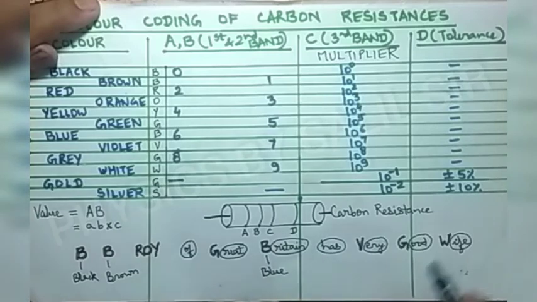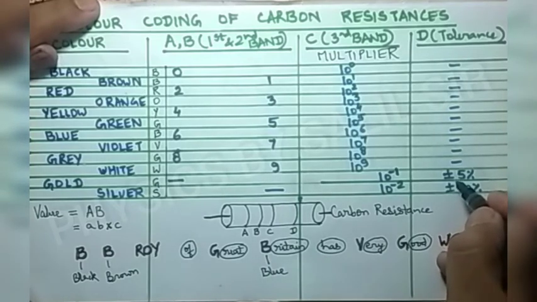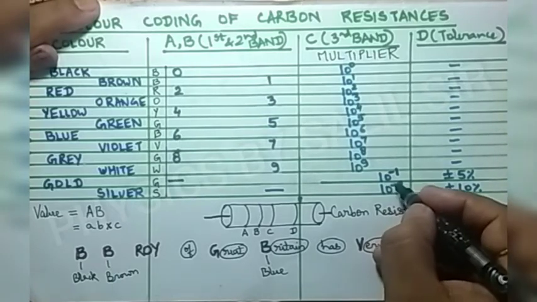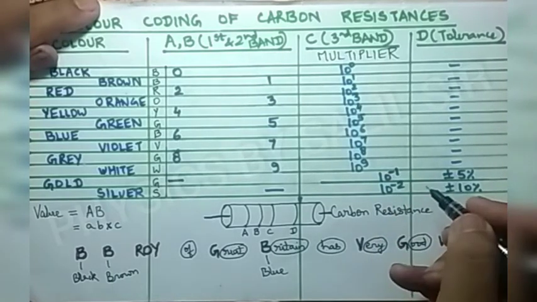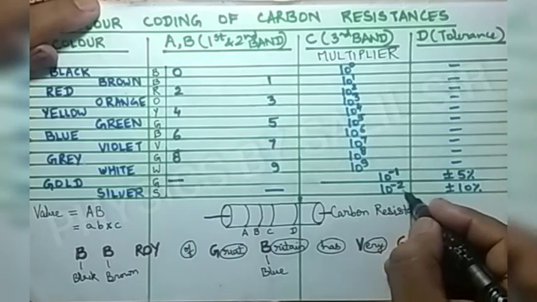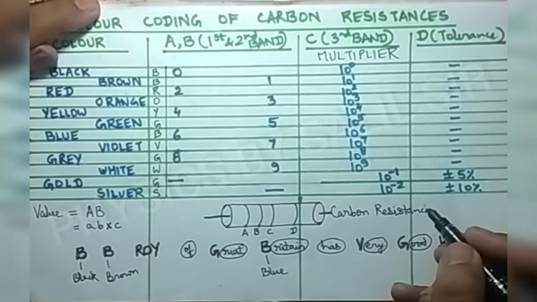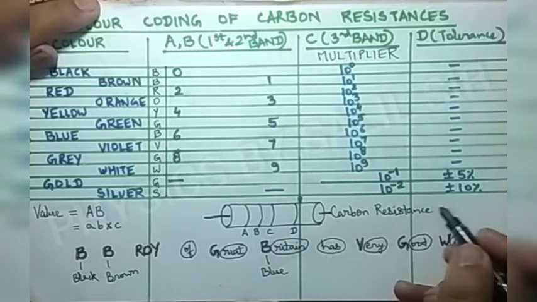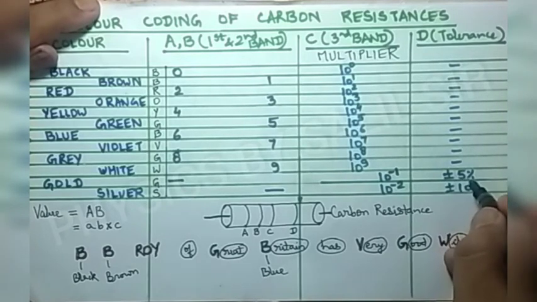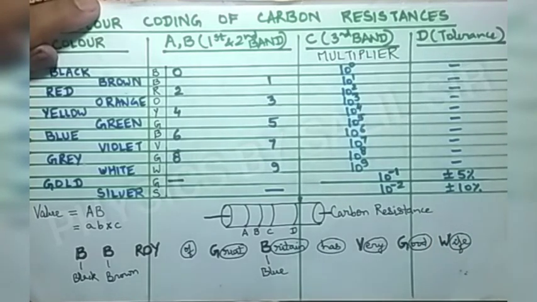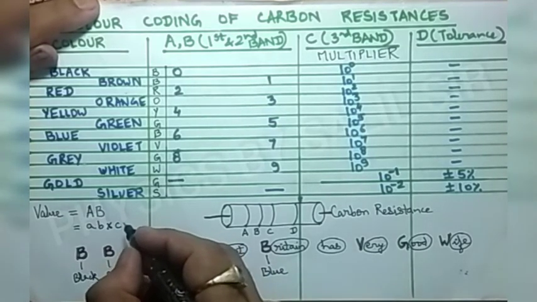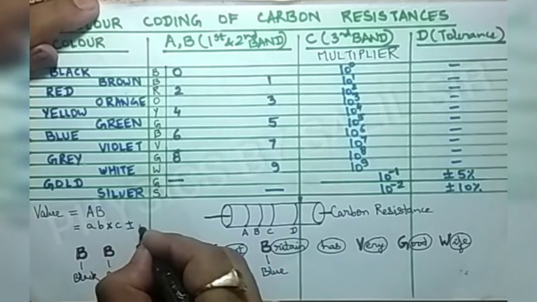If there is gold, then that indicates the multiplier 10 to the power minus 1, and for silver it is 10 to the power minus 2, and with the tolerance plus or minus 5% for gold and plus or minus 10% for silver. Now this will be AB into C plus or minus D.